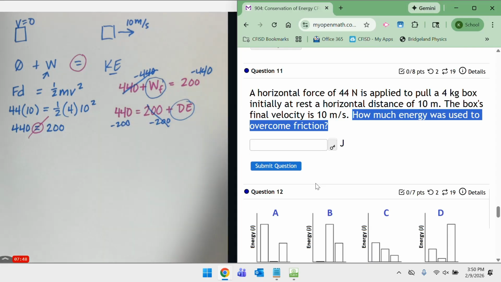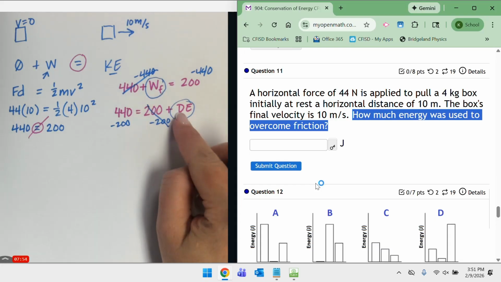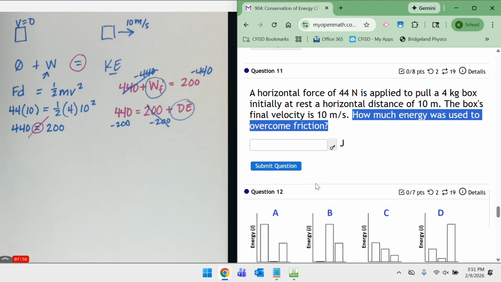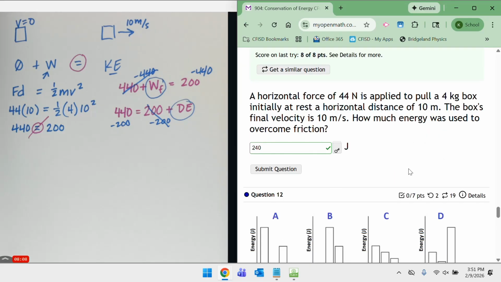This one's going to give me negative 240. And that's because this one is solving for the work done by friction, and this one is solving for dissipated energy, but it's the same magnitude. The answer is the same. And so if I wanted to answer how much energy was used to overcome friction, I would report it as a positive number, 240 joules.